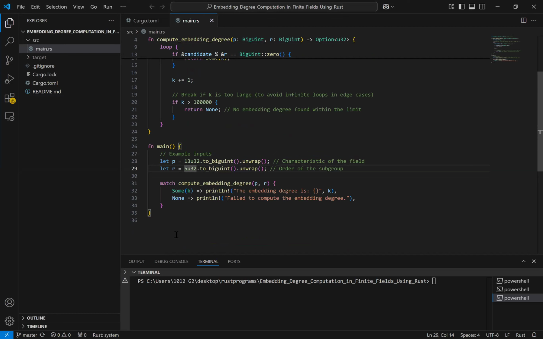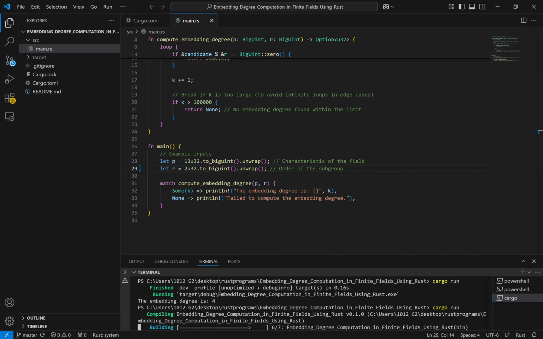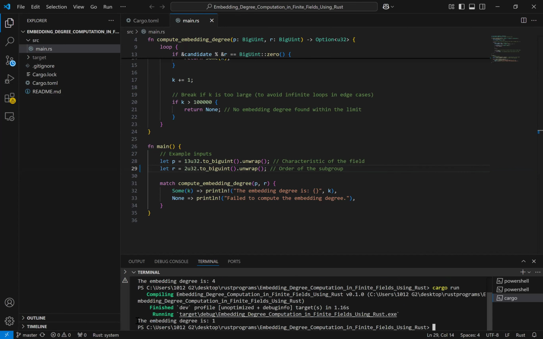The order of the group was 20, and therefore the prime factors were 2 and 5. We said we find the embedding degree when the prime factor is 5, and then when the prime factor is 2. I begin with 5, and we find it to be 4. That is the same thing we found. What about when it's 2? It found 1. Embedding degree is 1.